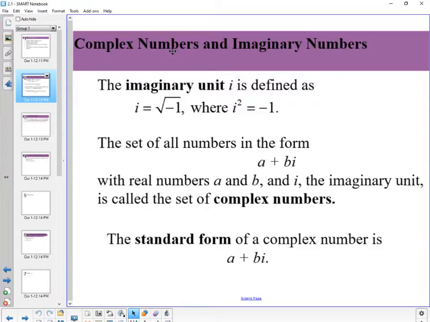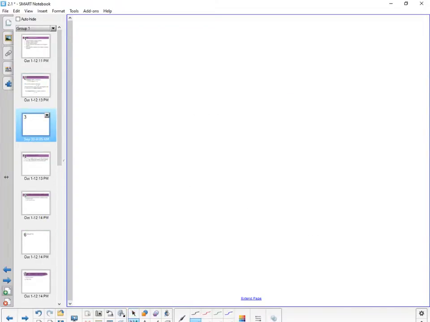Everyone understand the pattern already? Does anyone not understand the pattern on i? Let's just go over that real quick. So we call the square root of negative 1 i, correct? What do we call i squared? We call that negative 1.